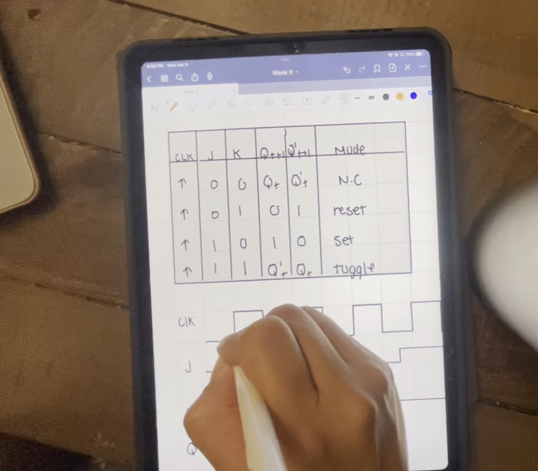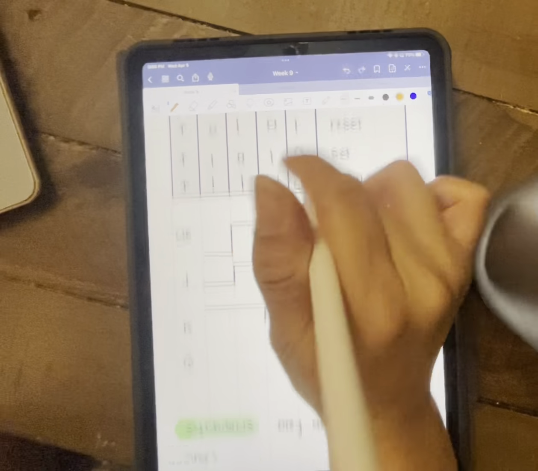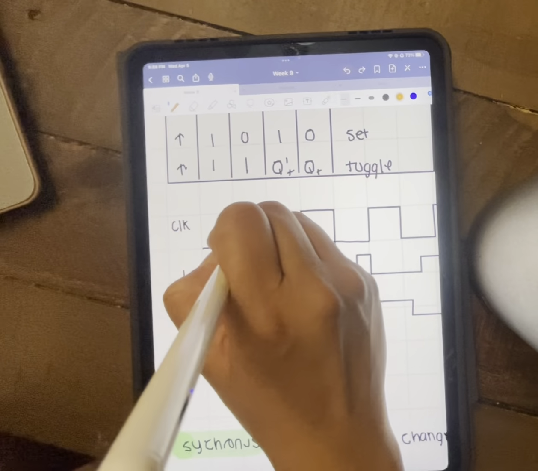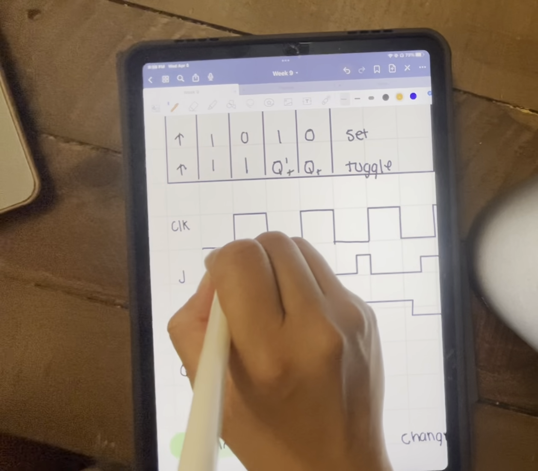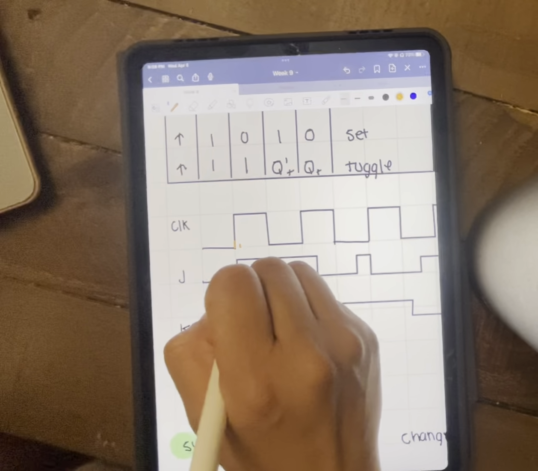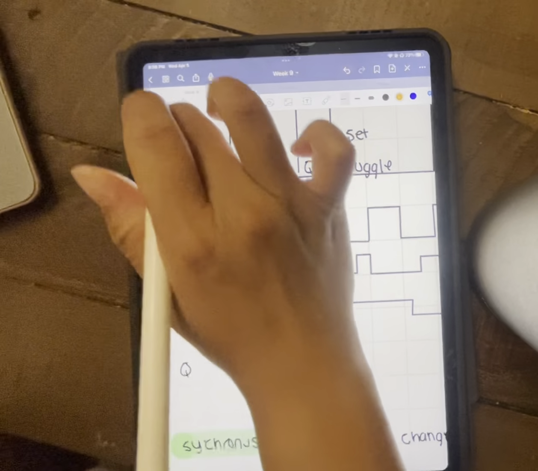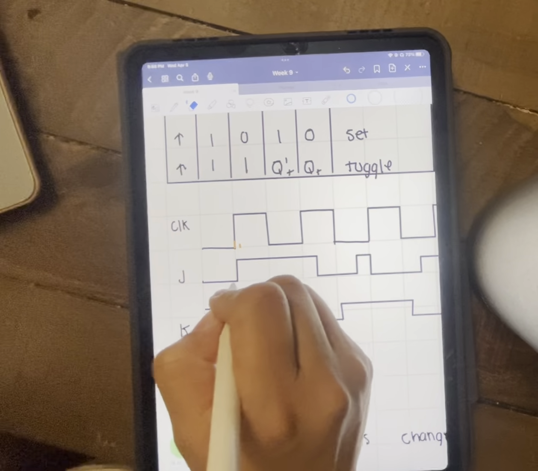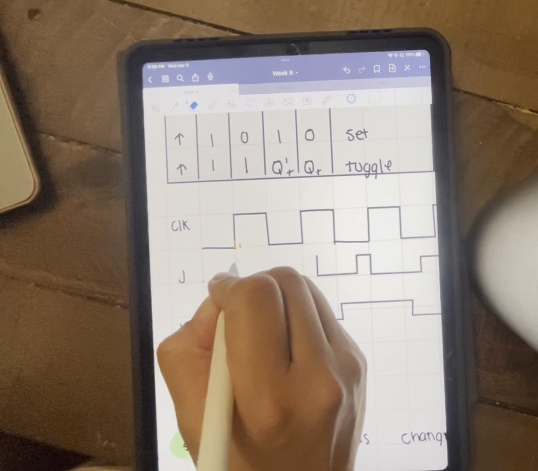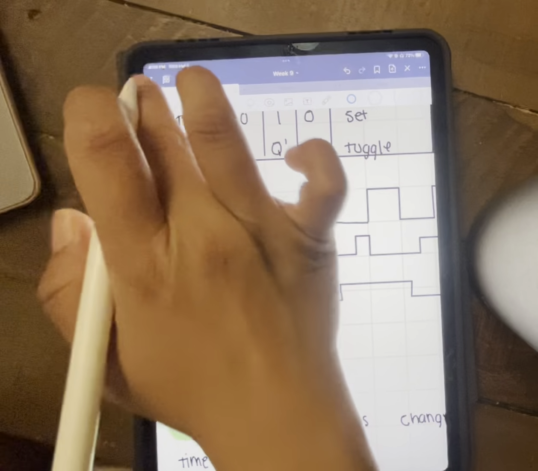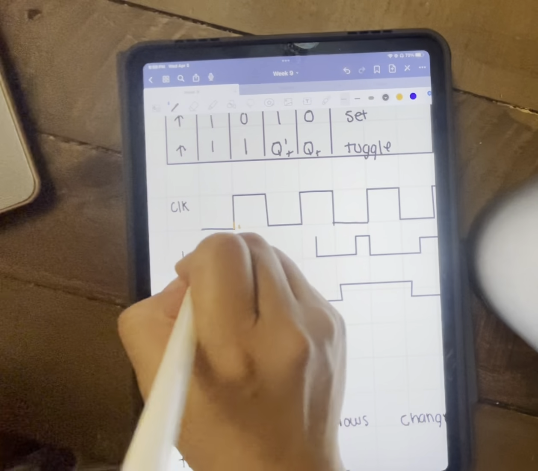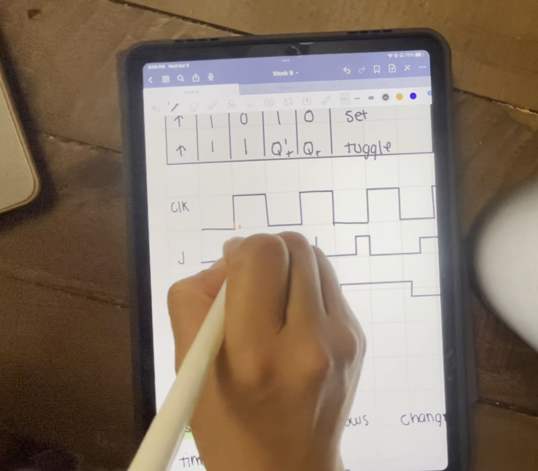So here we go. Here we have a 1. When it's going up, it's at a 0 here. We'll just move this line a little bit.